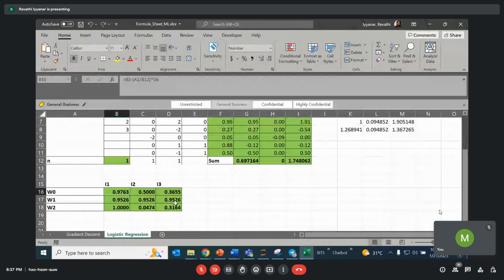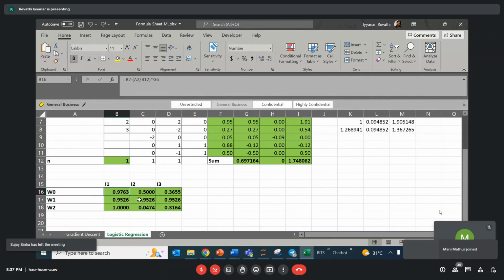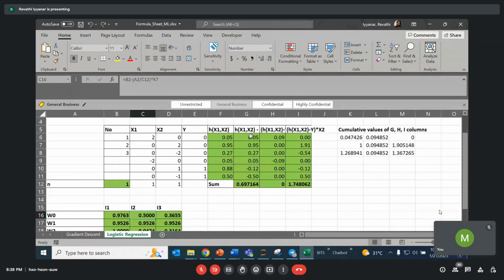But here the individual value was considered, and n was taken as 1 only. B12 is taken and it is 1, and G6 is taken instead of G12. G12 is the sum, but G6 is the individual value. This is how the values match with the solution provided by faculty, but I'm not sure if this is correct or not. It's not what was taught to us, I think.